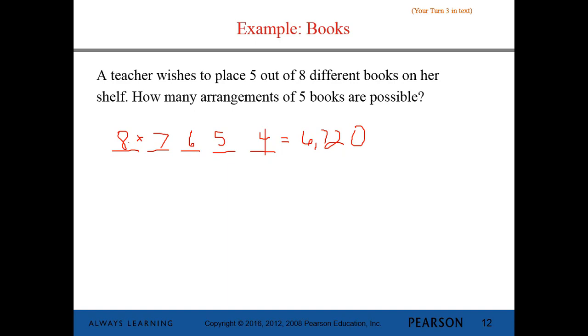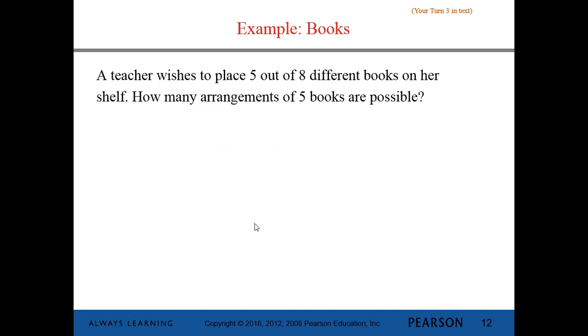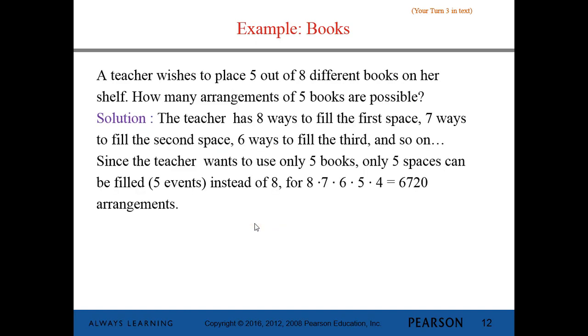And that's the answer. But if you use the formula, you'll get the exact same answer as well, as you'll see. Okay, so there's our answer, right?